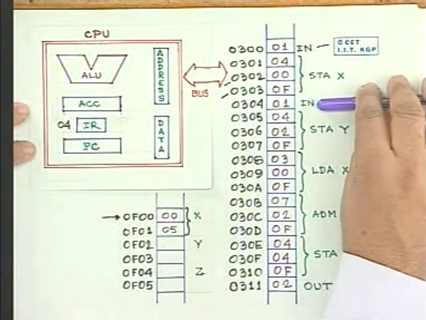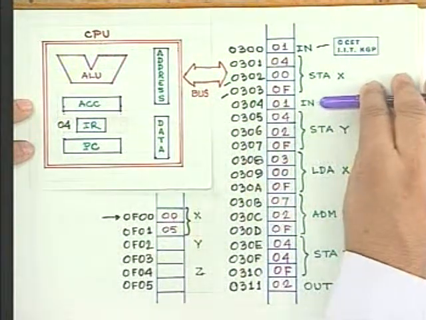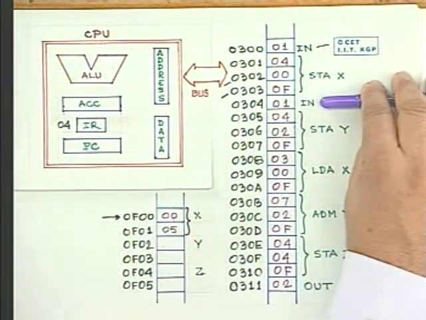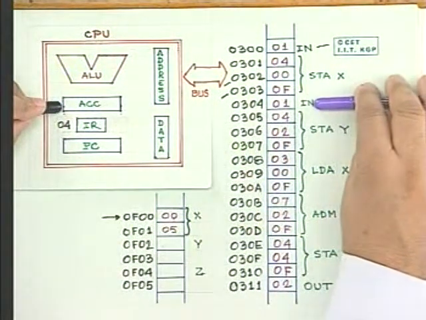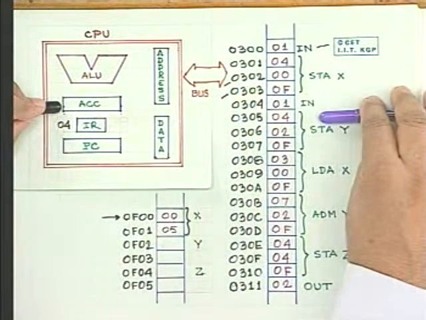Now this IN will be executed once more, which means the input will be done from some input device into that accumulator here, right? As 2 bytes have been read, the program counter is incremented to the next memory location.